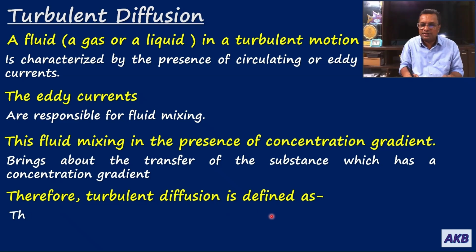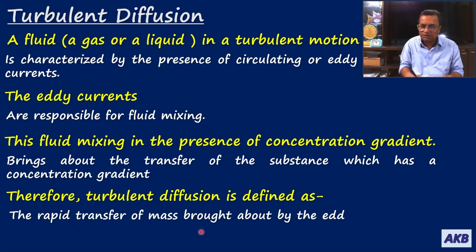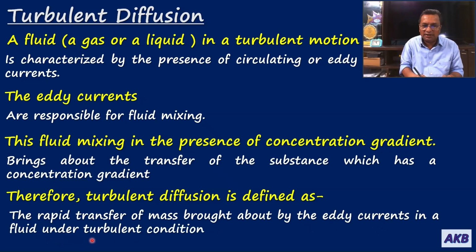Turbulent diffusion is defined as the rapid transfer of mass that is brought about by eddy currents in a fluid under turbulent conditions.